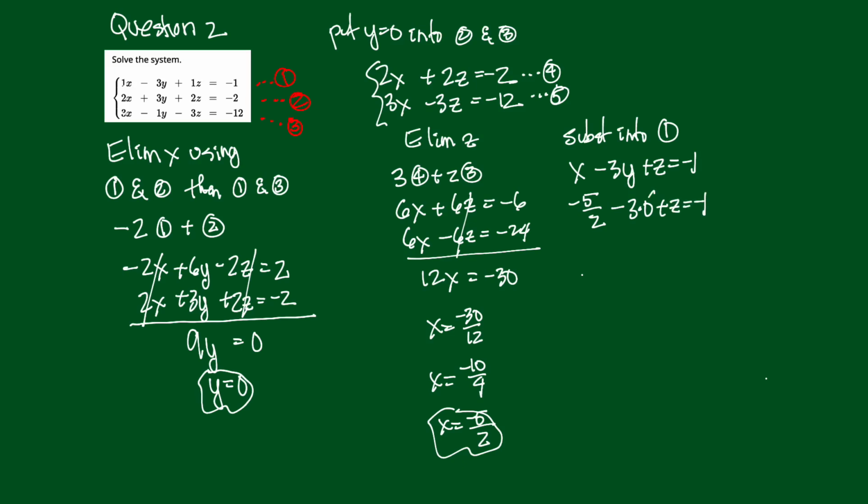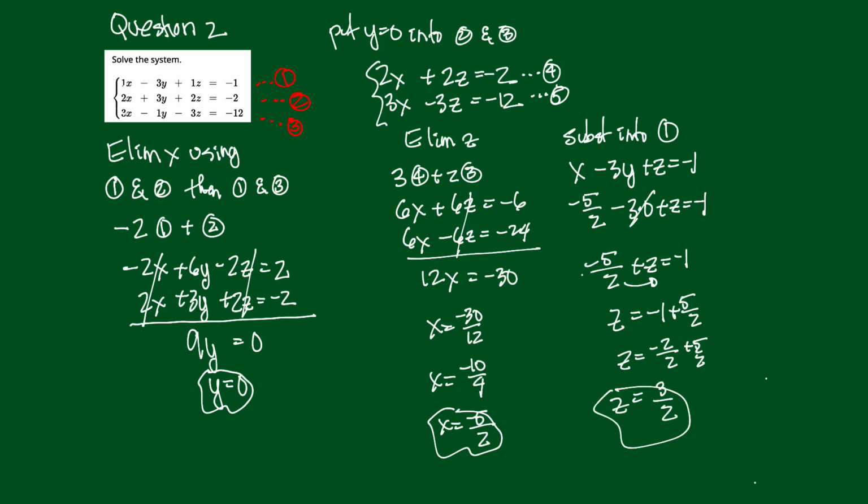All right, now this is gone, so I get negative 5 halves plus z is negative 1. How about z is equal to, just add that to both sides, so I'll get negative 1 plus 5 halves. Okay, well, z is equal to, this is negative 2 halves, just to get a common denominator, plus 5 over 2. So I end up with 3 over 2 for z.